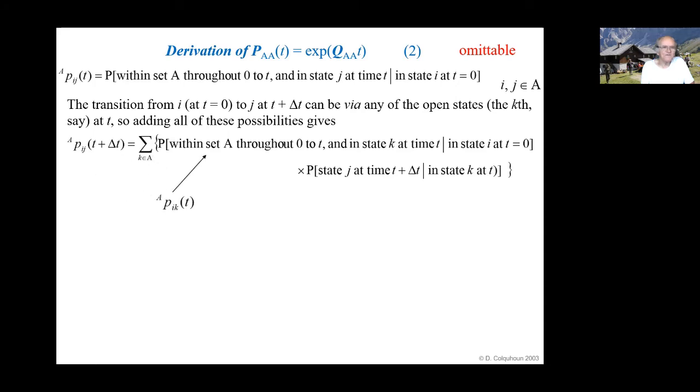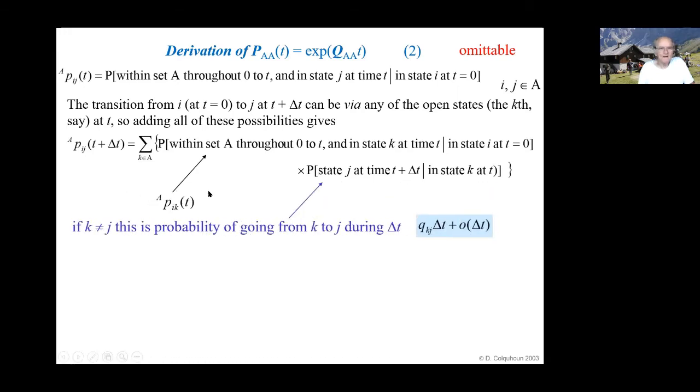So the first term is just our original probability, and the second term is what makes the difference, what happens during delta t. So if k is not equal to j, then it's the probability of going from k to j during delta t, which we can write down in this way.